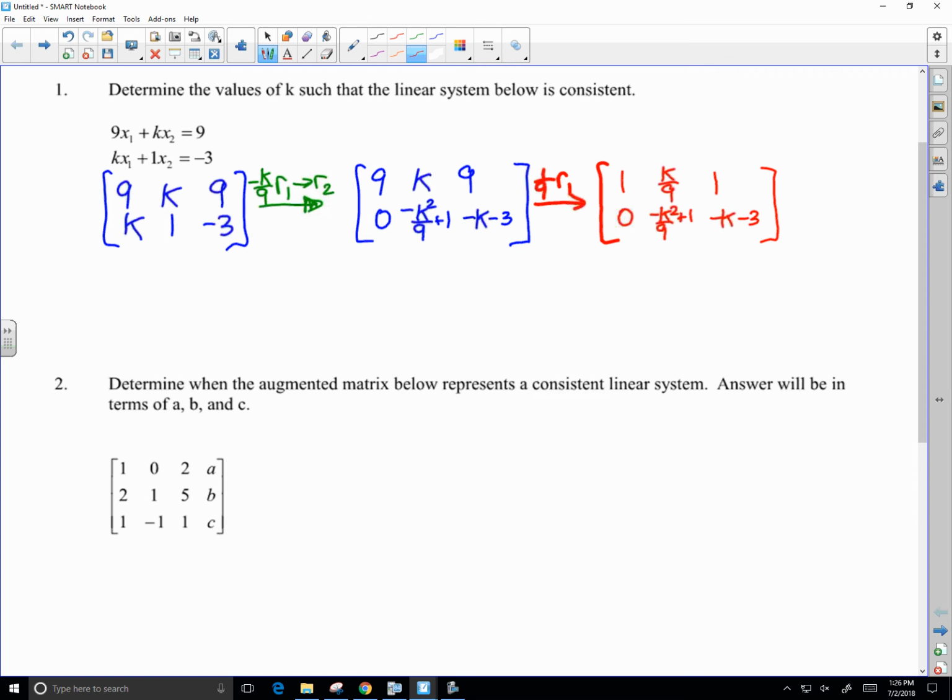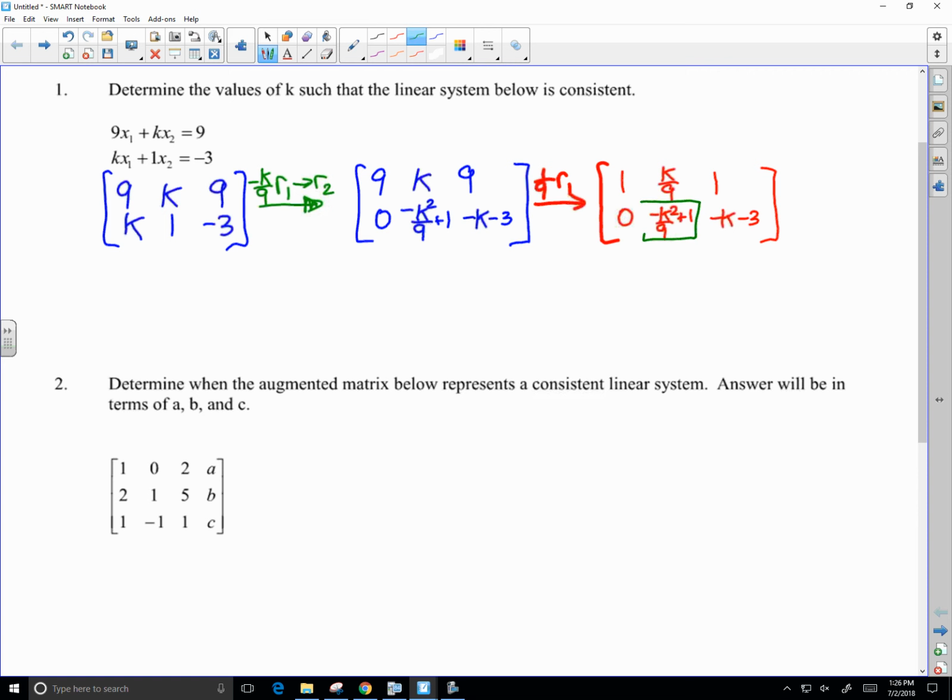I could also try to make this into a 1, but there are a few different ways to go at this point. If you want to just cut right to the chase, I understand that.